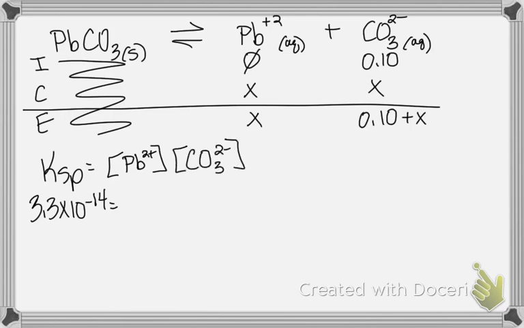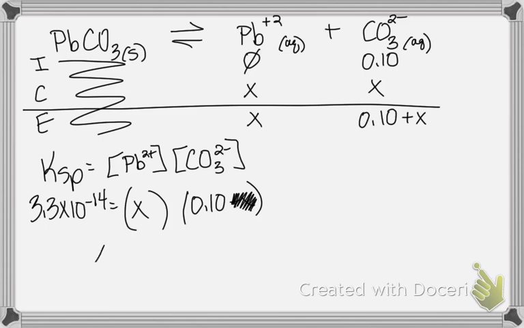And in this example, the lead is x and the carbonate is 0.10 plus x. And we make the same assumption that we've already made with weak acids and weak bases, that x is going to be really small. And so adding it to 0.1 is going to be irrelevant for the calculation of this equation.